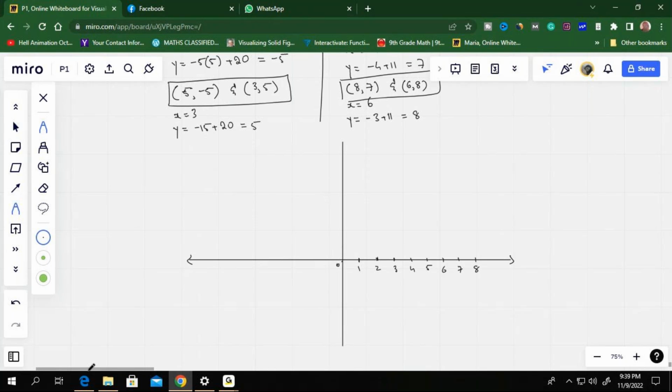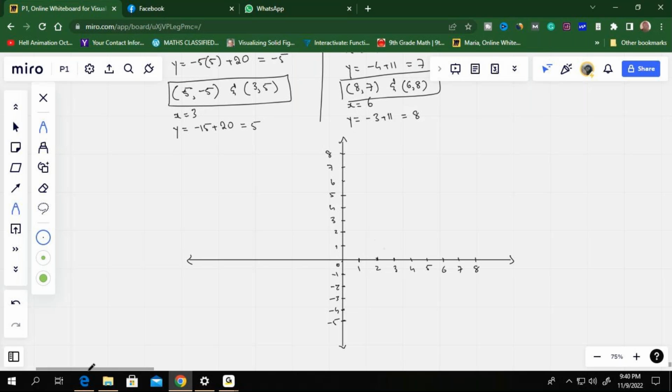And I need 8 units on the y-axis as well, so I'm going to take the same scale on the y-axis too, half centimeter equals 1 unit. Now I need negative 5 values below. Half centimeter equals 1 unit, that's what I'm taking. There you go. Now I'm going to sketch my points.